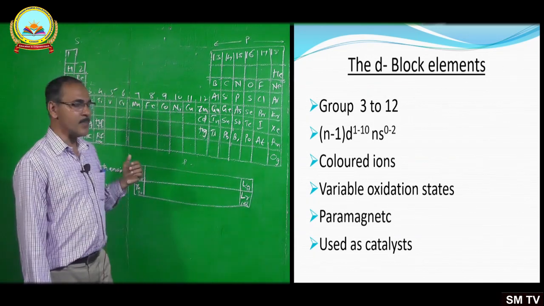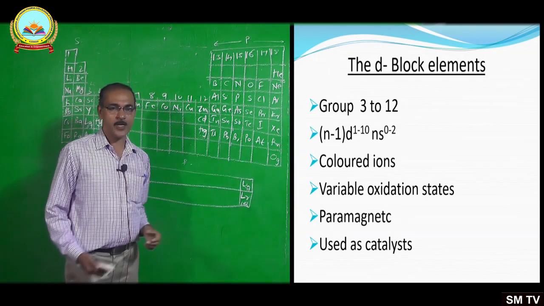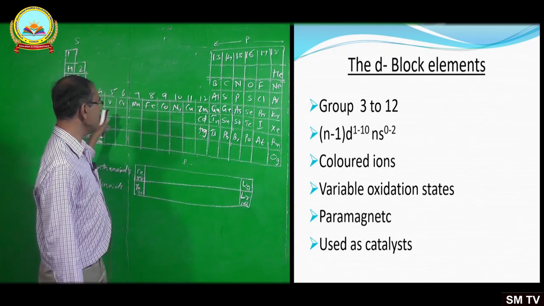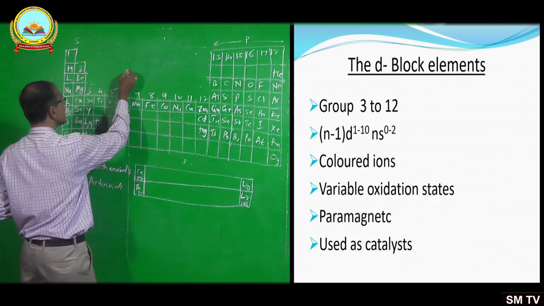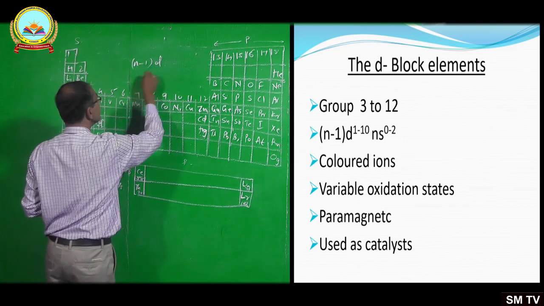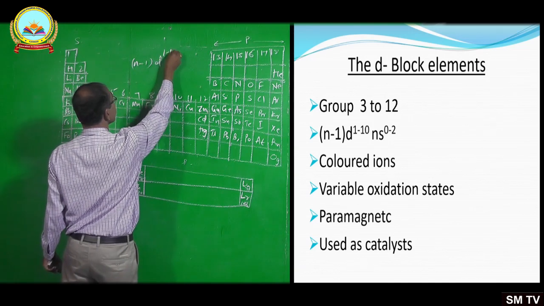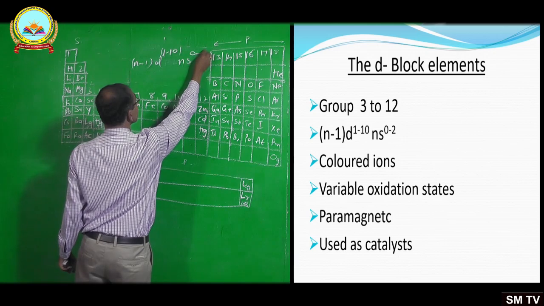Then the main point to be remembered: the general valence shell electronic configuration for d block elements. The general electronic configuration, remember this, is (n-1)d 1 to 10 and then ns 0 to 2.